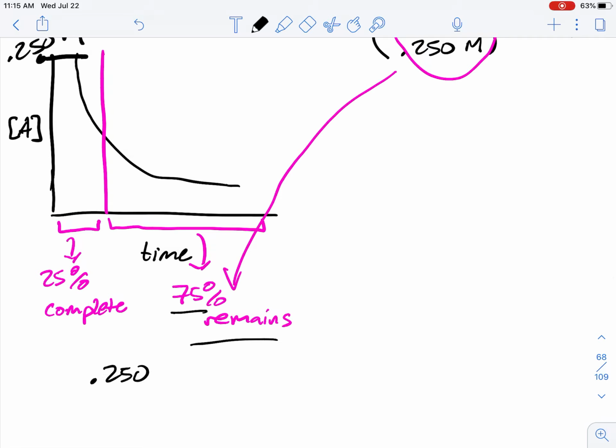So 0.250 molar is the initial concentration, and if I multiply it by 0.75, that's going to give me 0.1875. So 2 sig figs is my least. I'm sorry, let's just do 3 sig figs.